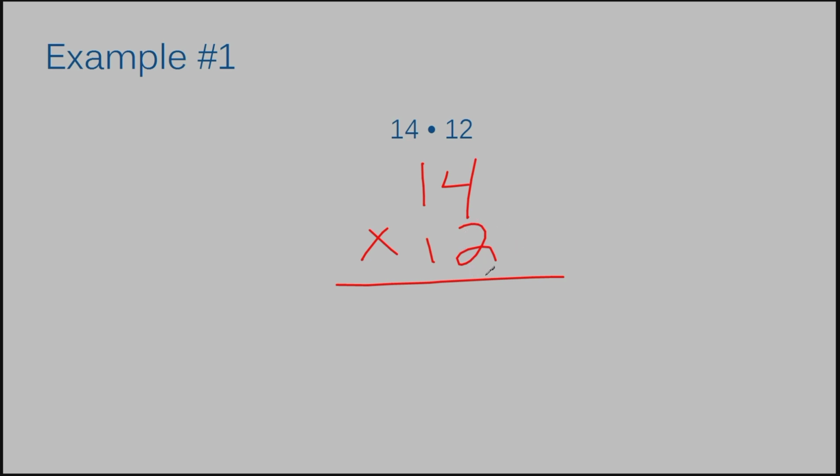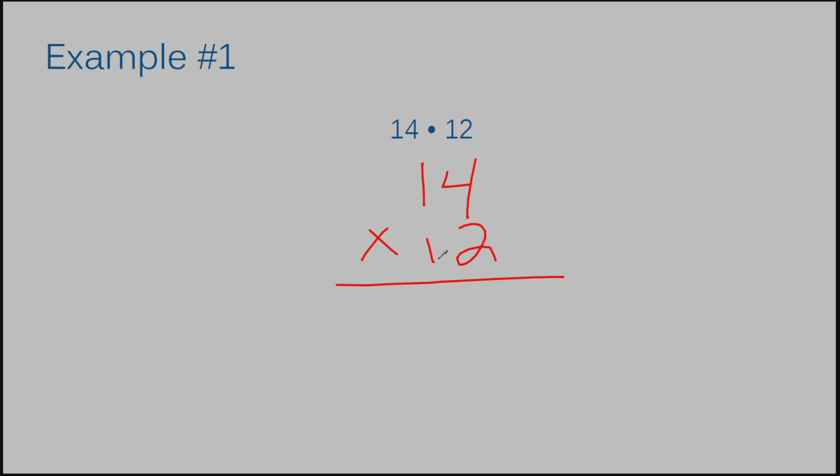In this case, the number in my ones position for my bottom number is a 2. And I'm going to take that number and multiply it with the number that's directly above it. Then I'm going to go to the left and above, so that would go to the 1. If this were a 3-digit number up top, I would have to go one more time and come this way and multiply. Each time you multiply, you write your answer down.